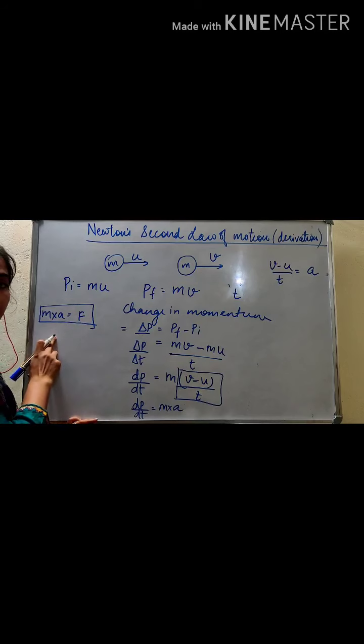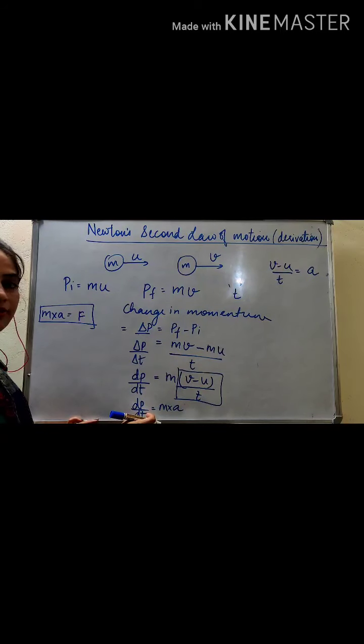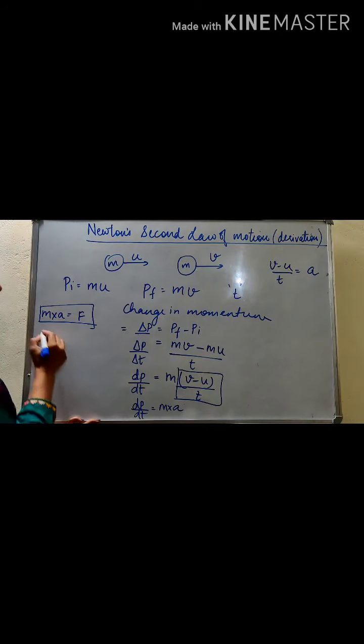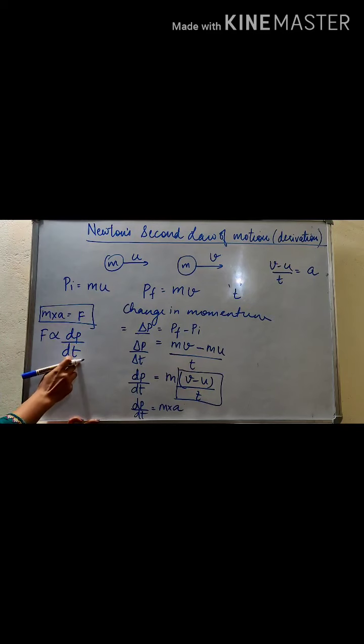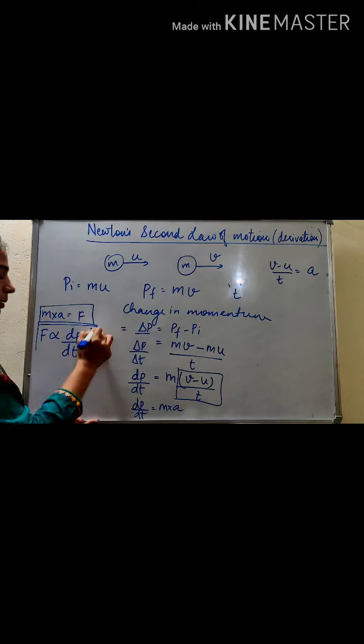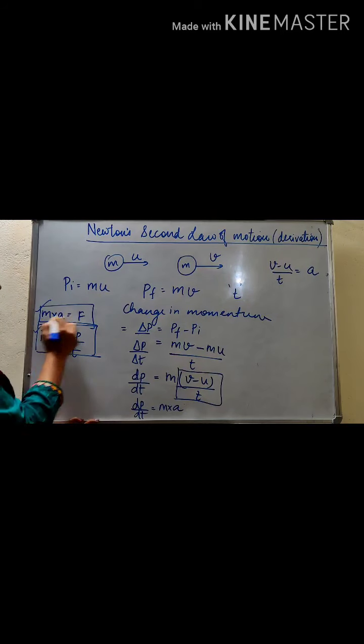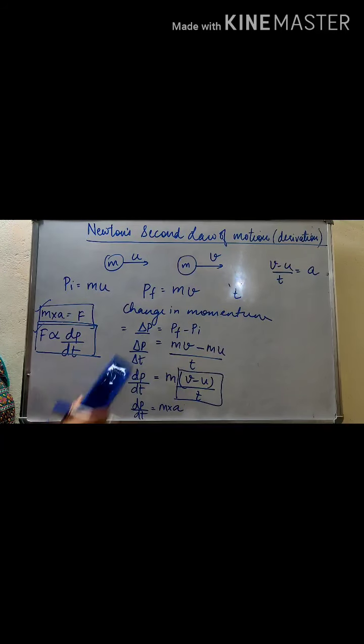So force is directly proportional to rate of change of momentum, and rate of change of momentum is nothing but mass into acceleration, that is force. So these are the two forms of Newton's second law of motion, and this is the derivation.